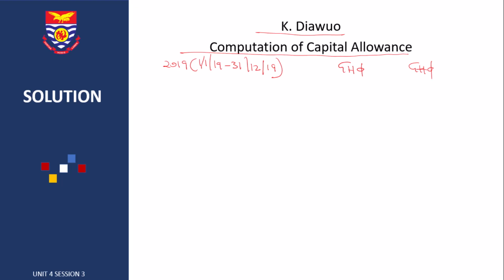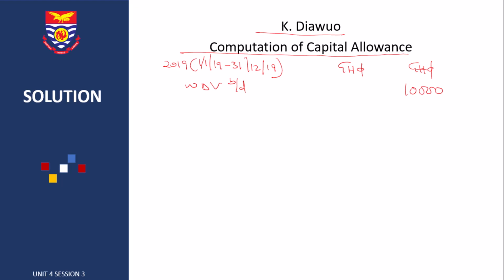And we said that class 1, 2, and 3 assets are pooled together. So the individual depreciable value is not seen, but the depreciable value of the pool. So we are going to add the 7,000 plus 3,000 to give us 10,000, and we are going to show only that 10,000. So we have written down value brought down, which is 10,000.